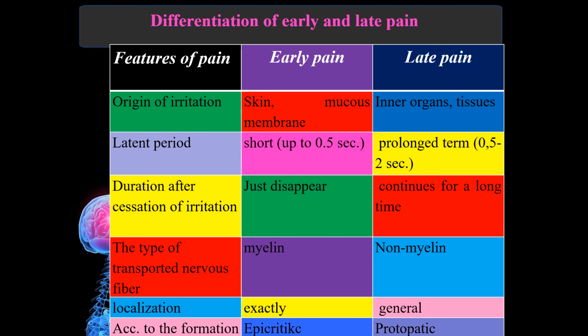Phantom pain occurs after amputation of the extremities, in a missing limb, for example, a missing leg. A feeling of severe pain occurs. Thalamic pain is a spontaneous pain that develops during damage to the nuclei of the thalamus.